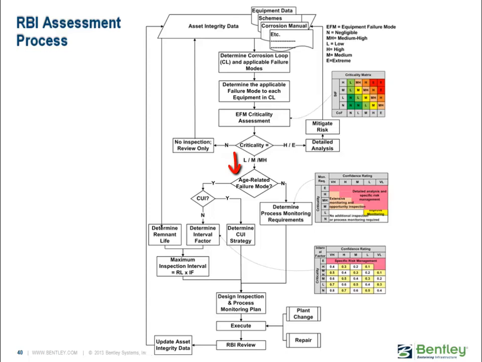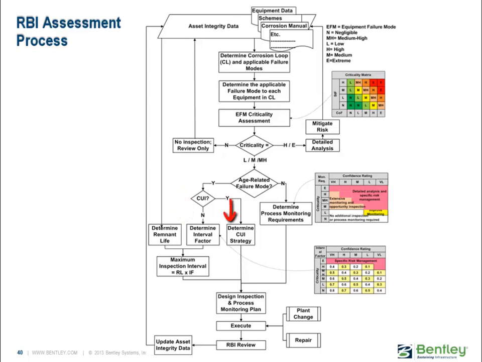We are going to define if the failure mode is age-related or not age-related. For the age-related one, if it's not a corrosion under insulation, it means that we are going to have some thickness measurement reading, and depending on the confidence rating and criticality analysis, we are going to define an inspection interval factor, which is going to define when is going to be our next inspection, depending on the remnant life of that equipment from the last inspection.